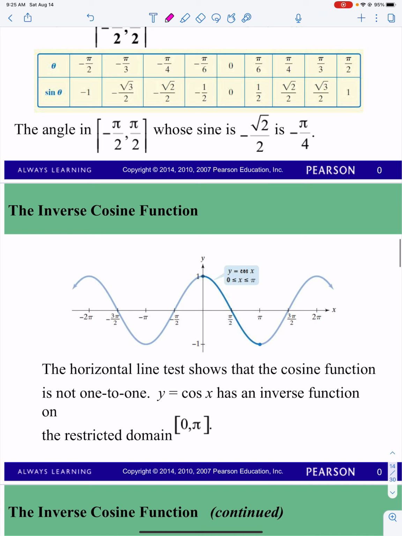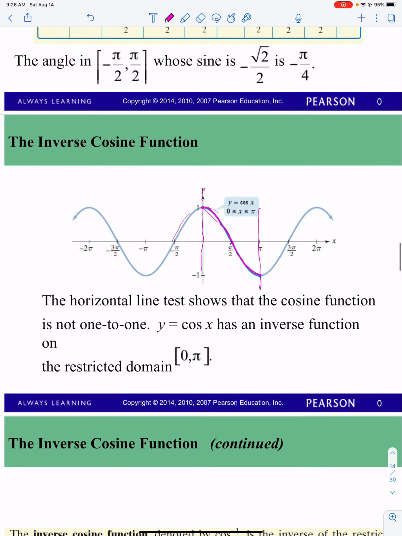Okay. So for the inverse cosine, because cosine always starts from the top and goes down here, in order to choose one to one, you cannot choose from negative pi over 2 to pi over 2 anymore, because that's not one to one. So then they decided to choose from 0 to pi, this part of the graph.